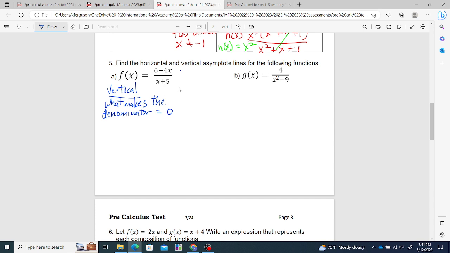So it's almost like you're trying to find the domain. So x plus 5 equals 0. Subtract 5. So the vertical asymptote is x equals -5.